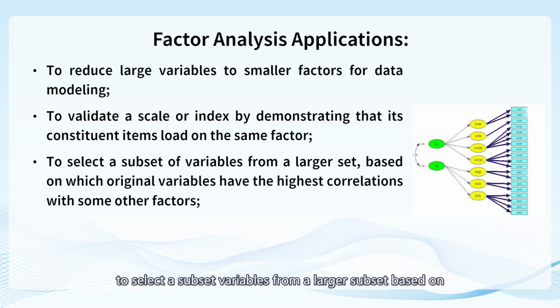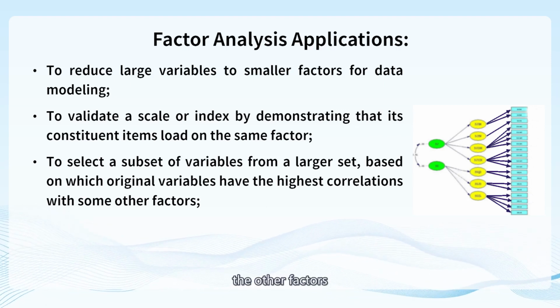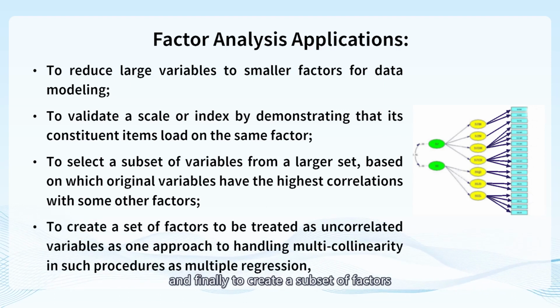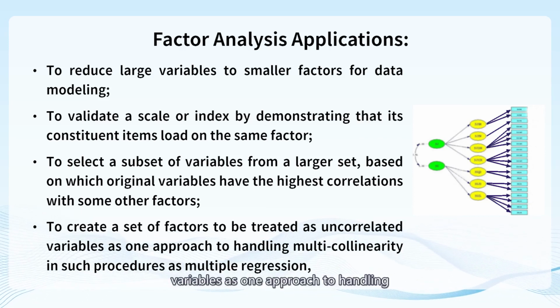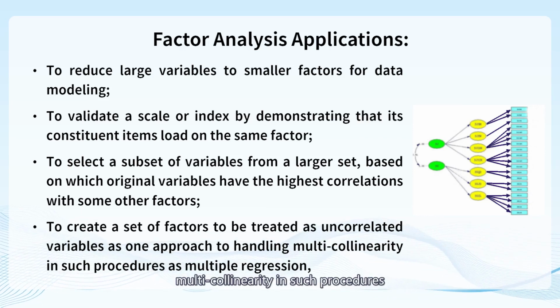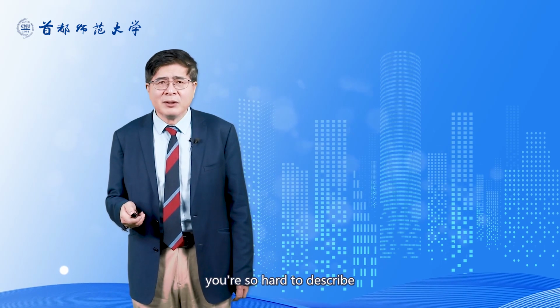You would also select a subset of variables from a larger set based on which original variables have the highest correlations with some other factors. And finally, you would create a subset of factors to be treated as uncorrelated variables, as one approach to handling multicollinearity in such procedures as multiple regression. It's so hard to describe.